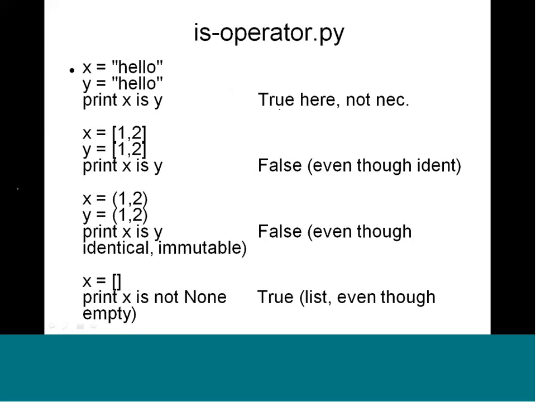And then in a tuple again, if you ask print x is y, it's also false even though it is identical and immutable. And then x is equal to None, x is None, true.